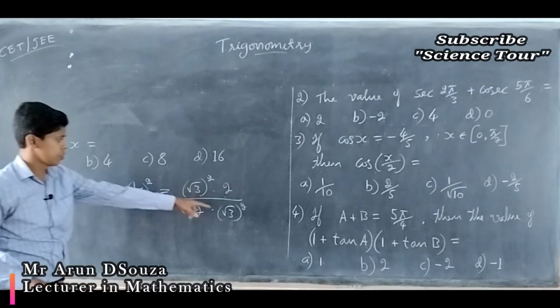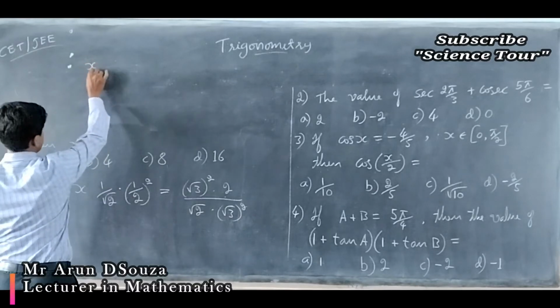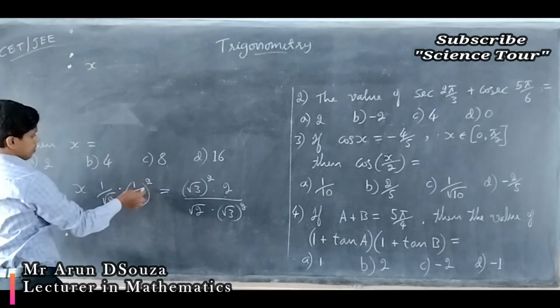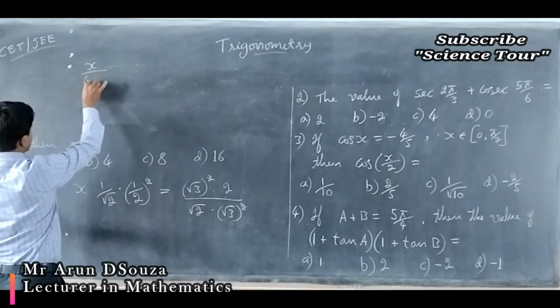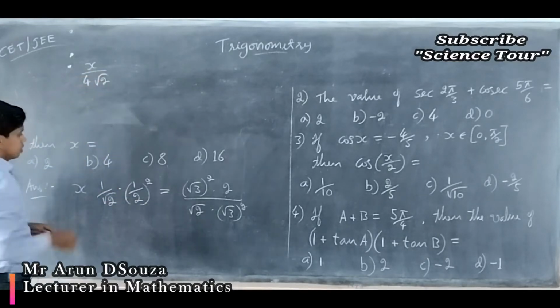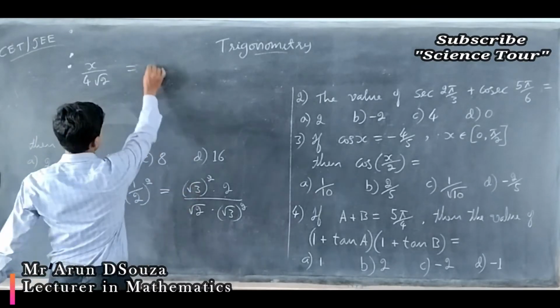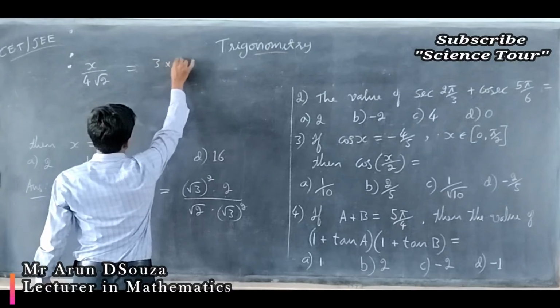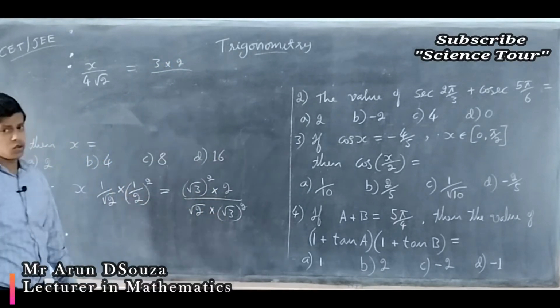Simplify this, and wherever you see a square, simplify that. So this is x here, and this is 4, and then root 2, correct? That is equal to, you have got 3 into 2. I'll write the multiplication here so that there is no confusion.